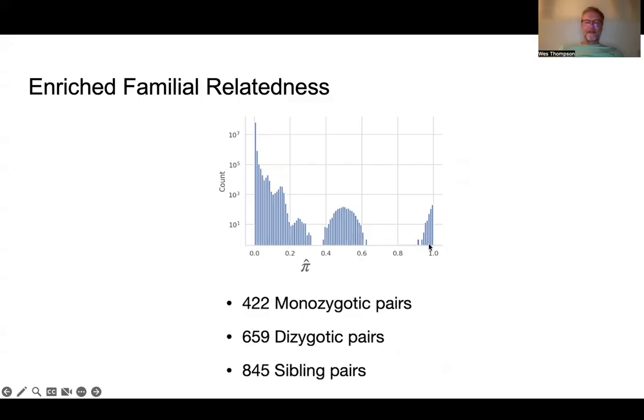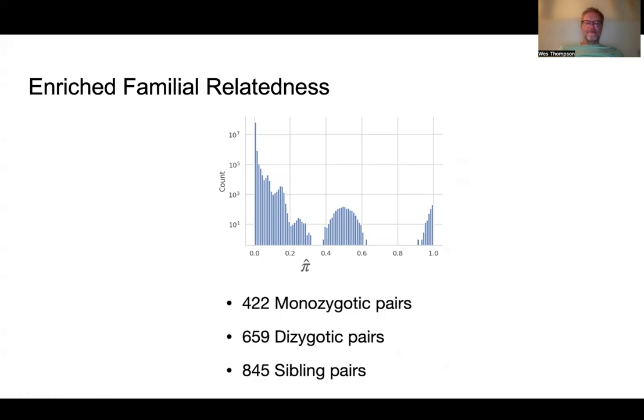If they're essentially 100% related to each other, on the right end of this plot here, they would be monozygotic twins. Monozygotic twins should have their whole genome essentially exactly the same, but because of genotyping variation, it might not be exactly 100%. Anybody on this right bump here is going to be a monozygotic twin.